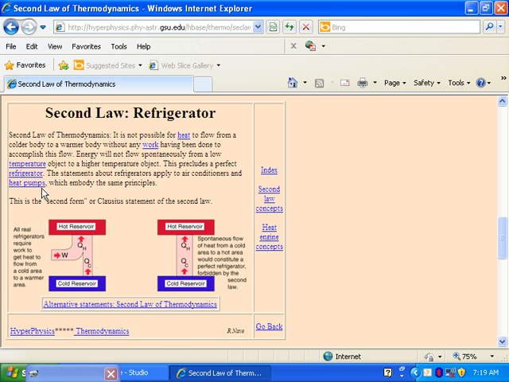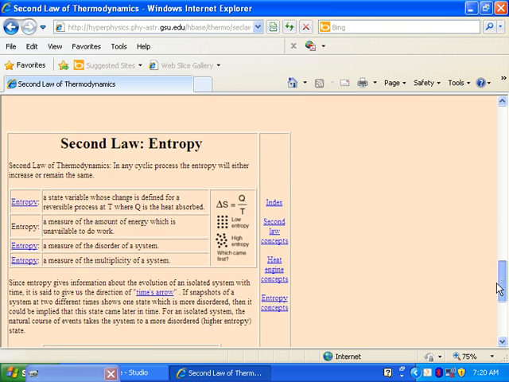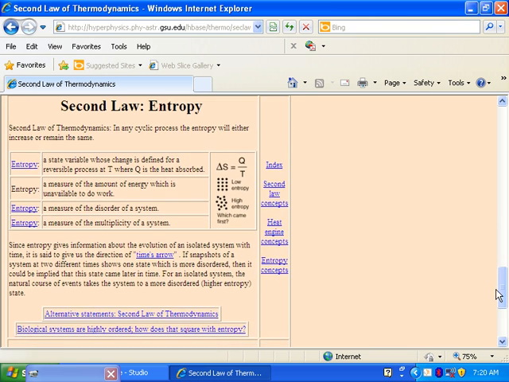Air conditioners, heat pumps, all of those are going to obey the same exact thing. This is what's called the Clausius statement. I'm not going to get specific into which individual statement is which, but you may have to distinguish between a refrigerator situation of the second law and a heat engine situation. Now, this is more of the overall view.